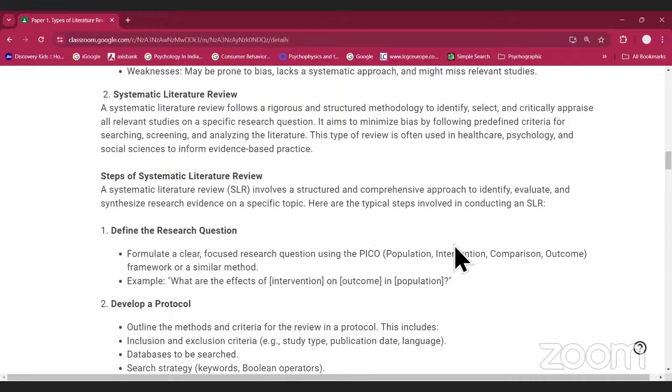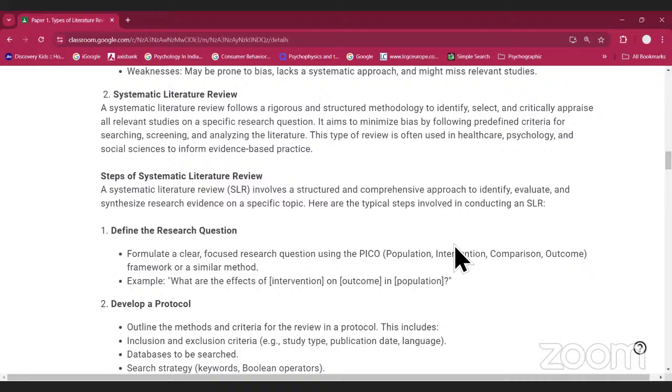Number 1, define the research question. Formulate a clear, focused research question using the PICO, that means population, intervention, comparison, outcome, framework, or a similar method. Example, what are the effects of intervention on outcome in population?